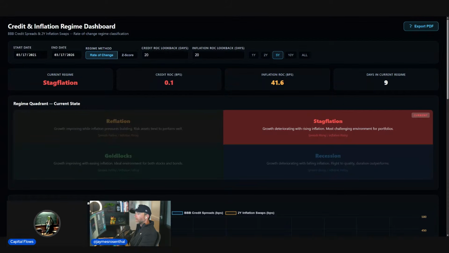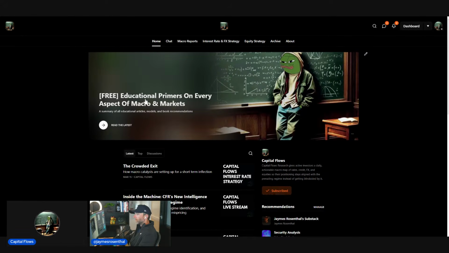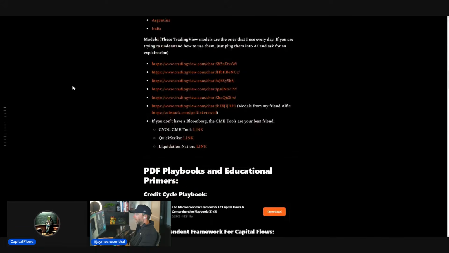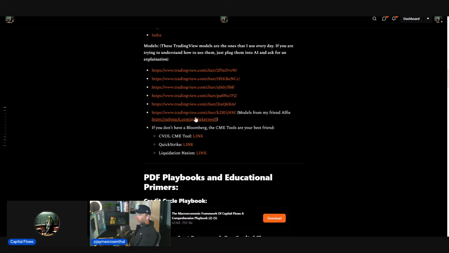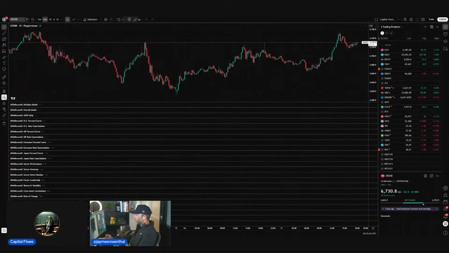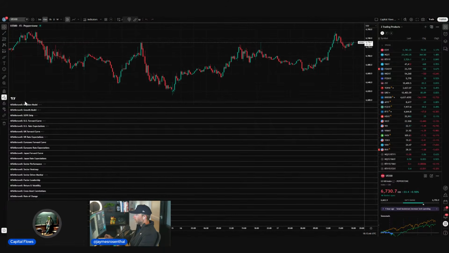Like I just shared, actually, for everyone that's here on the Substack, one of the subscribers who I talk with, Alfie, he built out a lot of TradingView models that are directly linked. Here are all the models that he built out. All of these models right here, he built with AI, and they're all TradingView models.